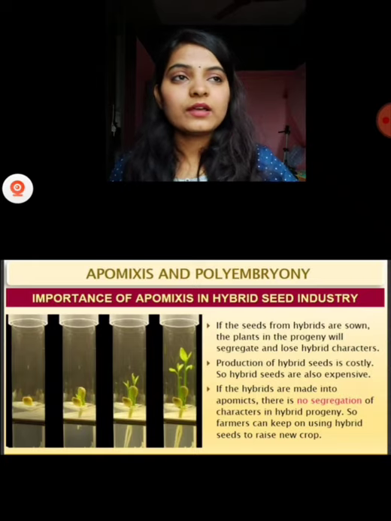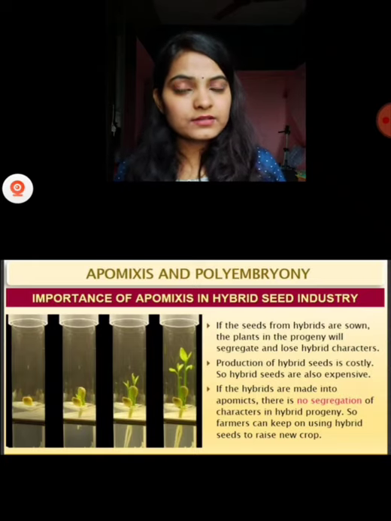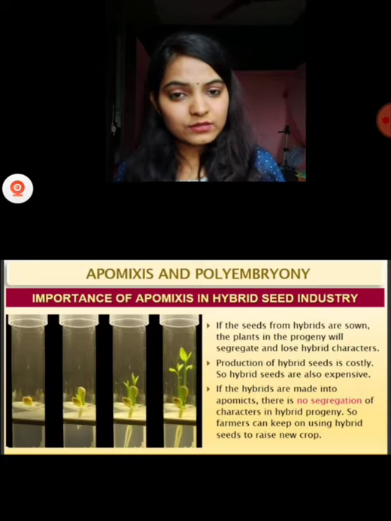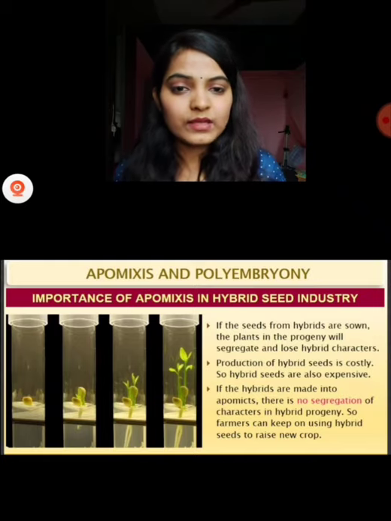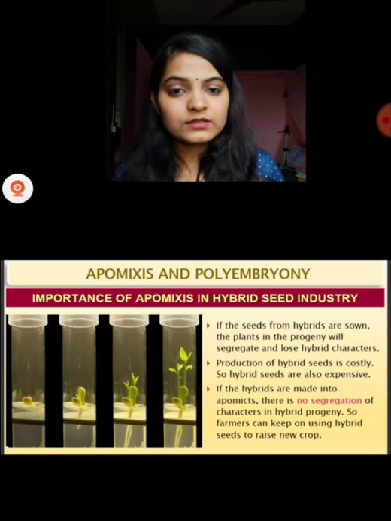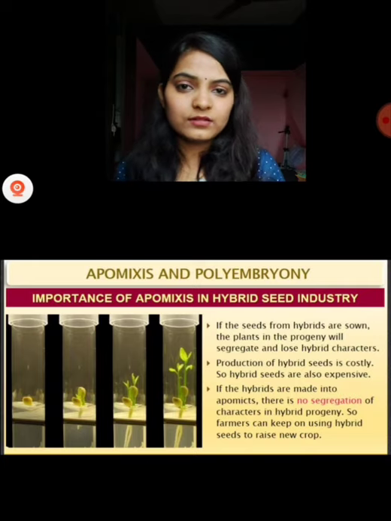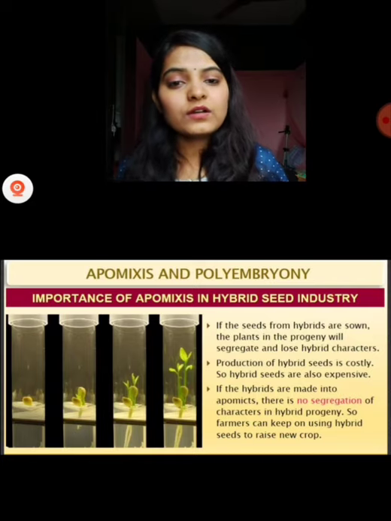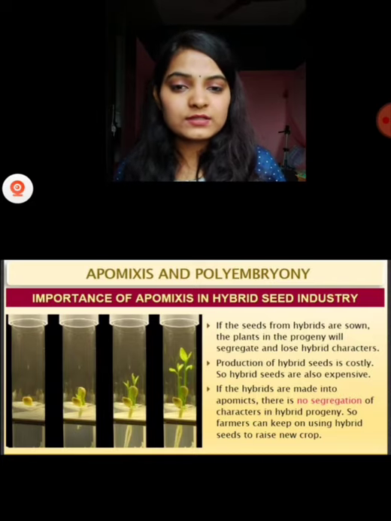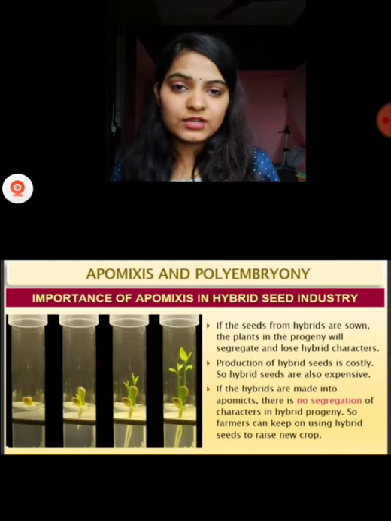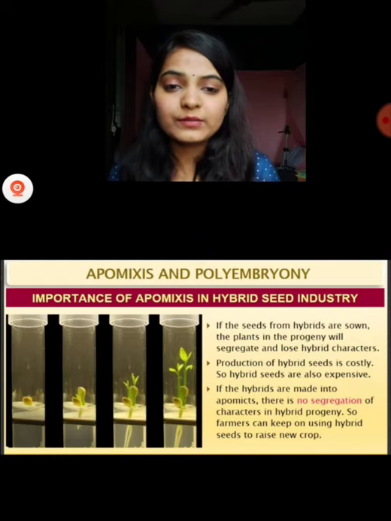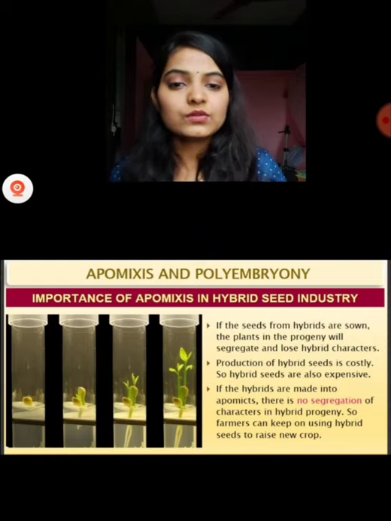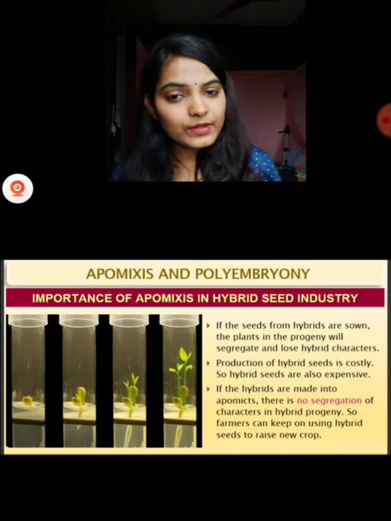If the seeds from the hybrid plants are sown, the plants will again lose the hybrid character, and every time you cannot proceed by artificial hybridization. So the production of hybrid seed is very costly, and hybrid seeds are also very expensive.